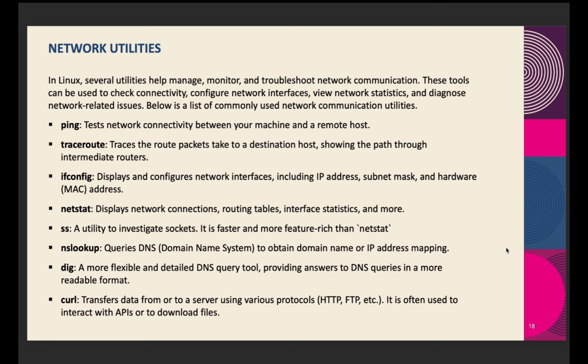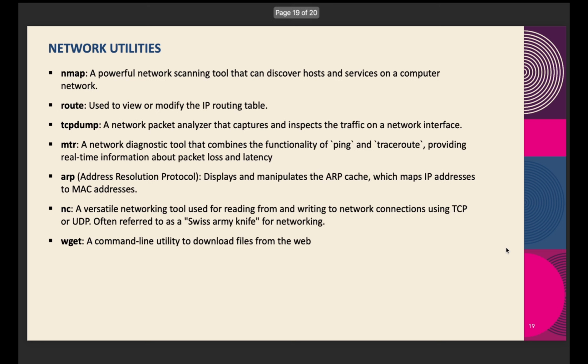Curl is a very helpful tool to transfer data from a server using various protocols like HTTP or FTP. By default, it uses the HTTP protocol. It is often used to interact with APIs or to download files. The next one is Nmap.